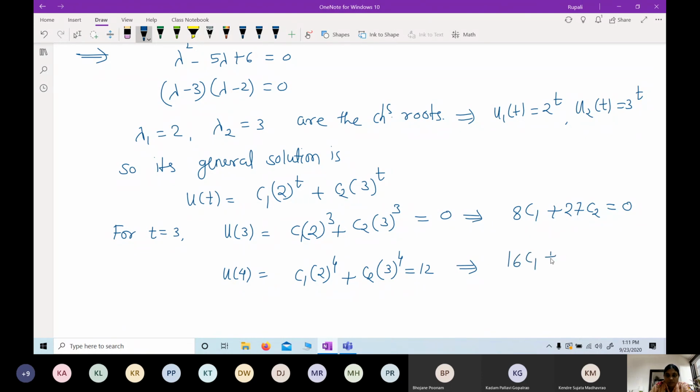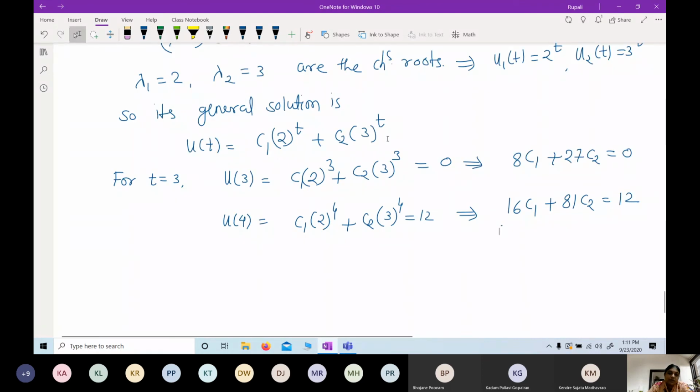What is this? 16 times c1 plus 81 times c2, is that right? Yes, ma'am, 81, equals 12. Now you can just solve these two equations for the values of c1 and c2. Once you get c1 and c2, that will be your particular solution.